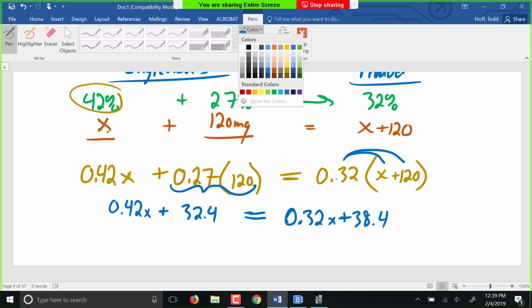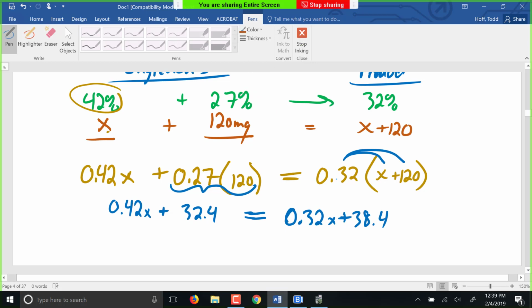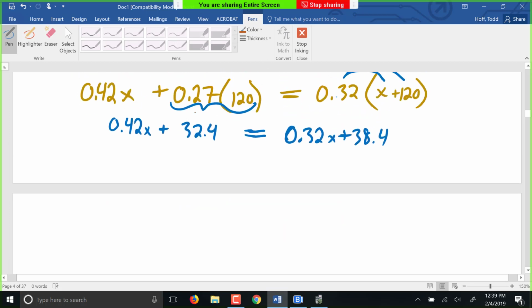Remember, the second step in solving equations was then to look to see if the variable appears only once or if it's on both sides. Here it's on both sides, which means we have to get rid of one of them. We'll usually get rid of the smaller one, in this case, the 0.32. It's positive, so we get rid of it by subtracting it.